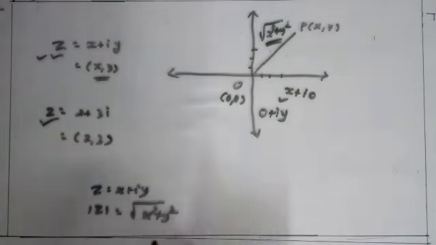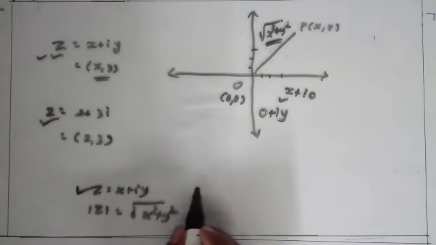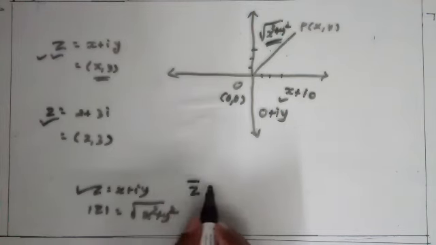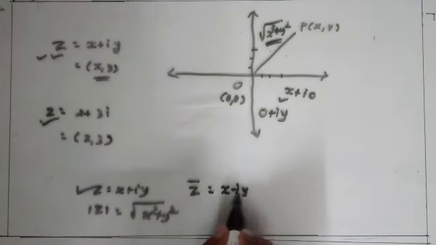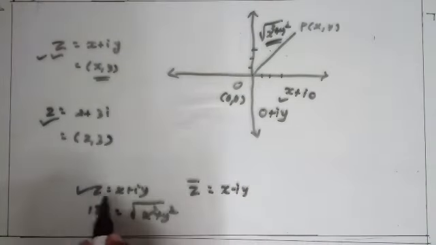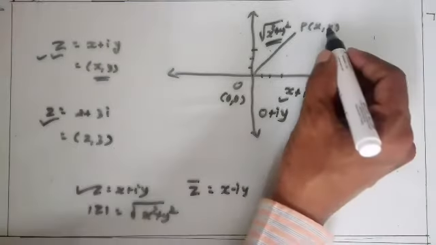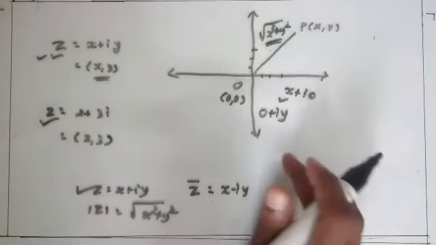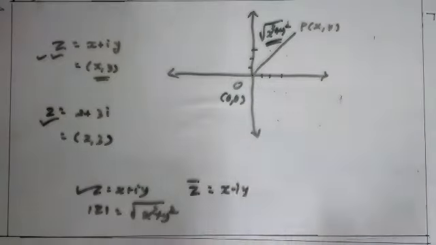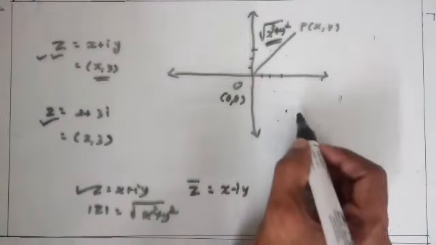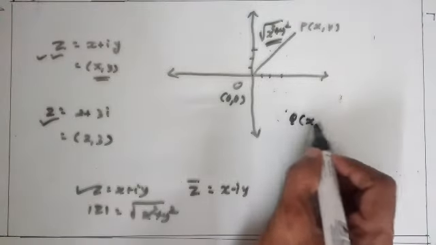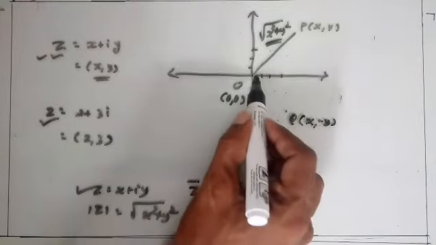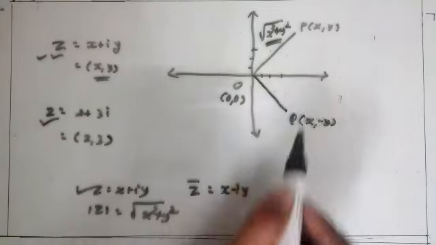Now for the complex number z = x + iy, the conjugate of z, you know about this, is x minus iy. Here z = (x, y) is the point P(x, y). Similarly, for z bar = x minus iy, there is a point Q(x, minus y). This represents the complex number z bar.